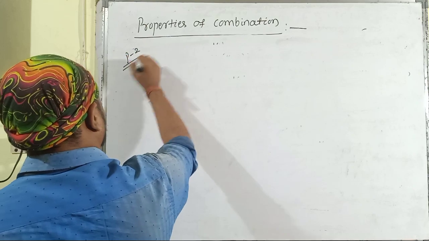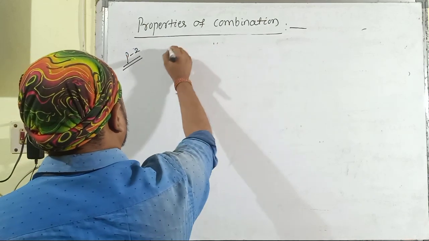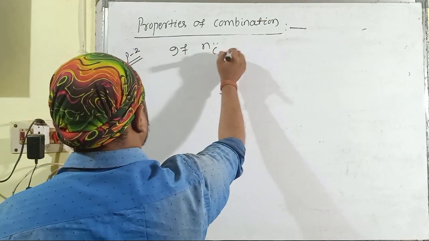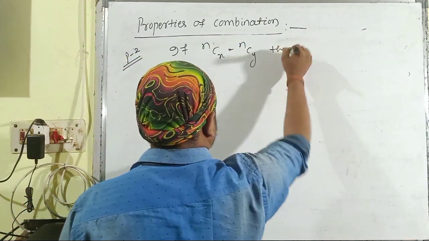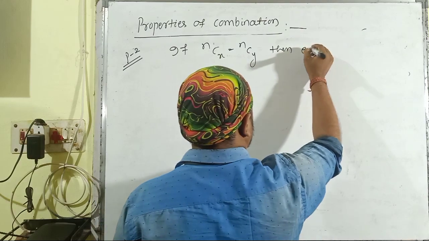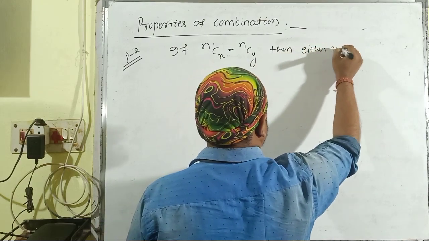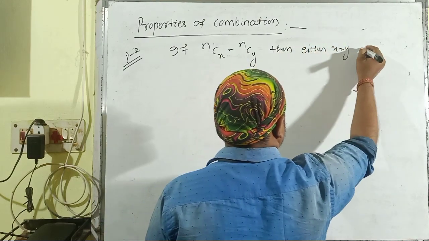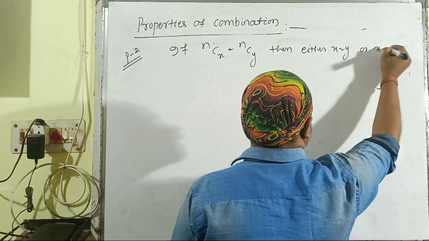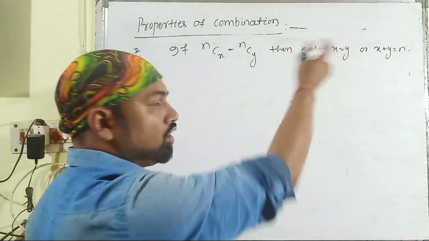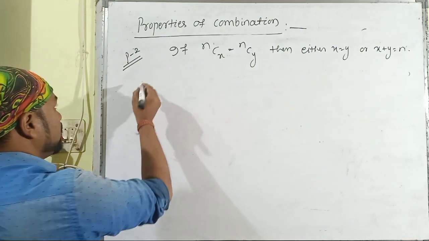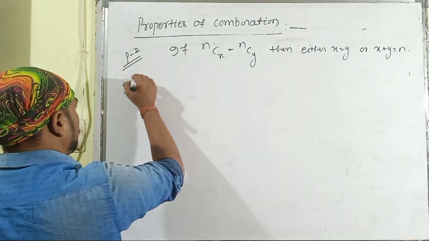So property number 2 tells that if nCx is equal to nCy, then either x is equal to y or x plus y is equal to n. Either this case happens or that case happens. So let us go through the proof.